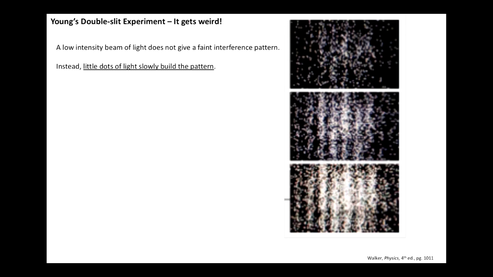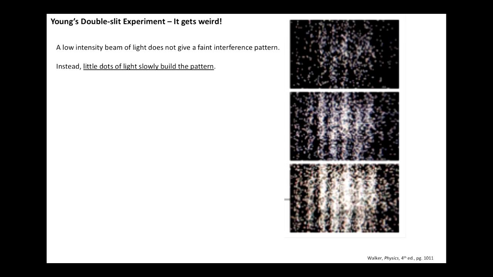Which, if you think about it, is a little bit weird. Because they can do this to the point where they can send one packet of light at a time, which we call a photon. Let one photon through, and there would literally be one dot on this screen, nothing else. And then you can wait a year and say, let through photon number 2.